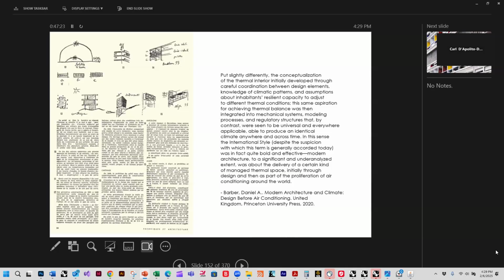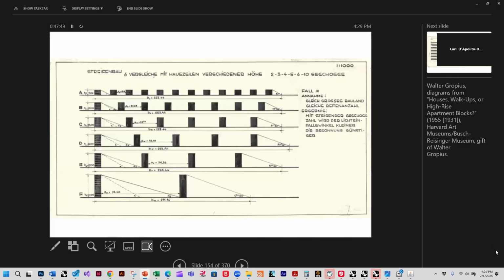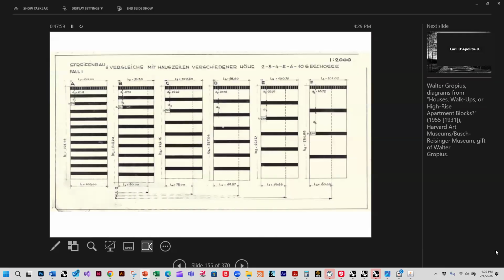I don't know how to tease those things out, but both of those things are going on. And I think what's interesting is that Corbusier himself seems to me not very interested in the wind. He seems primarily focused on the sun. Most of his diagrams are about the sun and how the sun moves, and the Brise Soleil, the way the sun comes in. And also Gropius made all these diagrams for building spacing around the sun and around light.